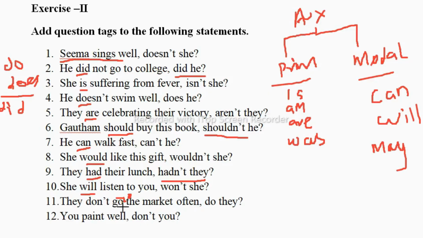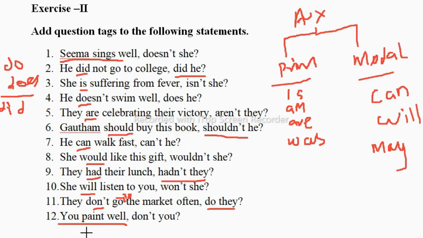They don't go to the market often. So here this statement is negative. We have do here. Make the question tag by using this do. Do they? You paint well. Now this statement is positive, but we don't have any auxiliary verb to make the question tag. So what I told you, you have to see whether the statement is about present or past. It's about present.